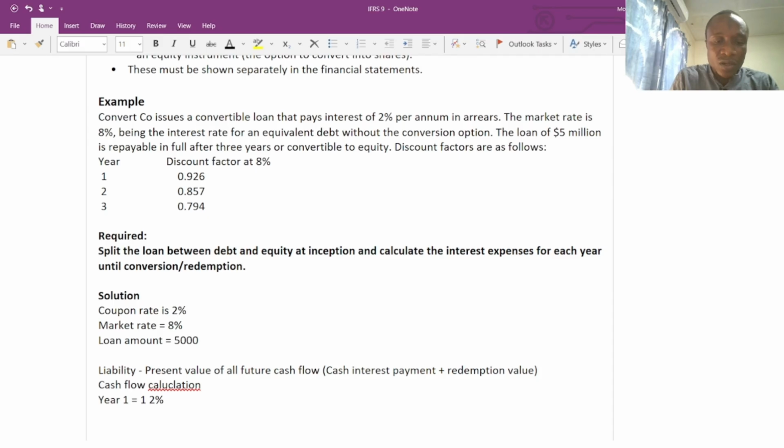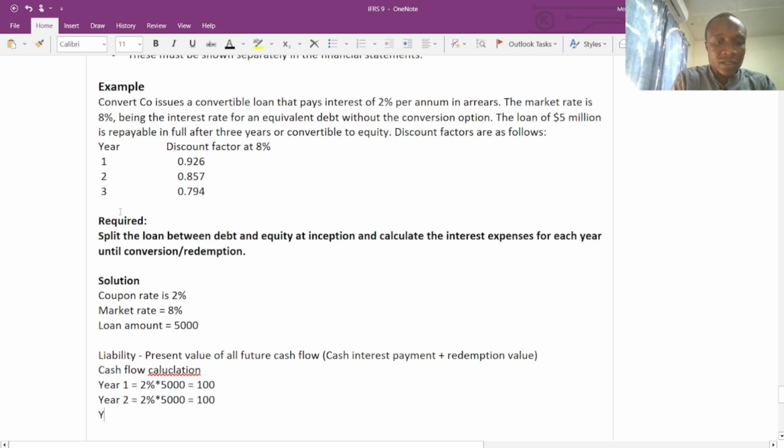So 2% multiplied by 5,000 is what we are going to pay as interest for year one. Year two, also we are going to pay 2% of 5,000.